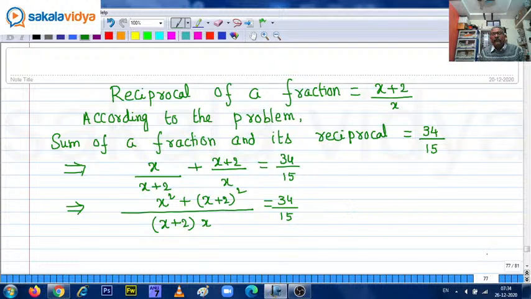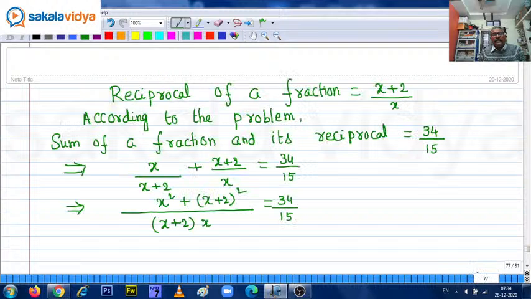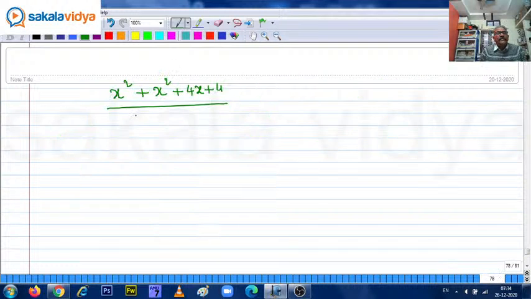Okay, now we need to simplify this one. x plus 2 whole square is x square plus 4x plus 4 upon x into x plus 2, and x into x plus 2 means x square plus 2x, equals 34 upon 15.